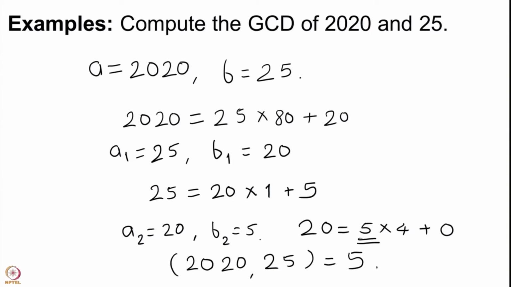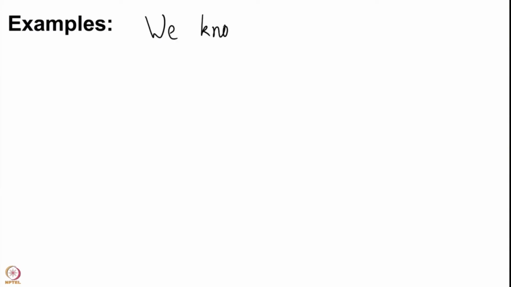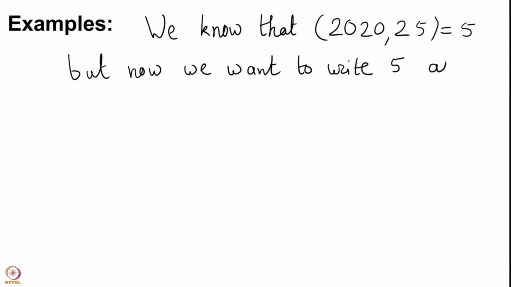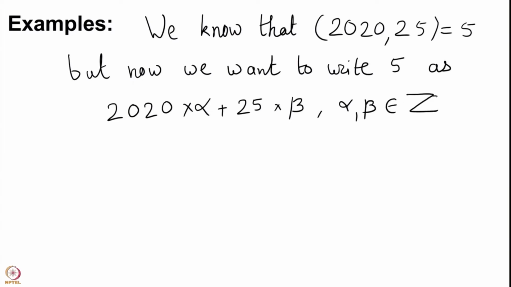We know that the GCD of 2020 and 25 is 5, but now we want to write 5 as 2020 into alpha plus 25 into beta, where alpha, beta are coming from integers.